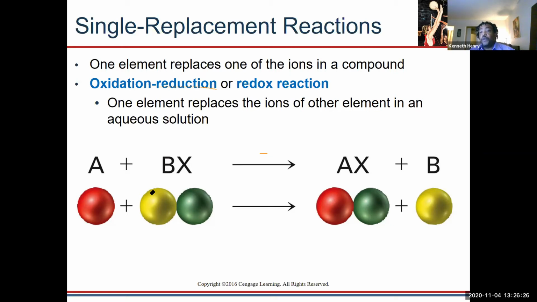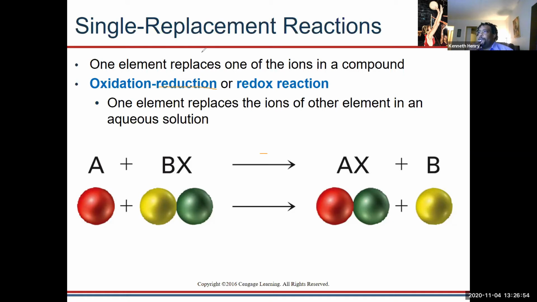Or you could have non-metals replacing each other. So you have a metal with a non-metal, and then a non-metal can replace the other non-metal. Okay, are you with me?